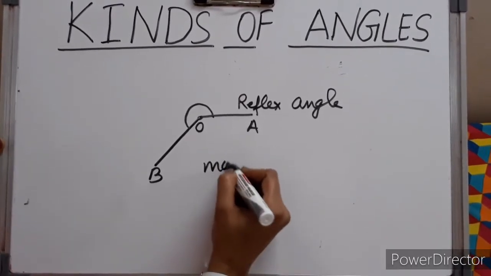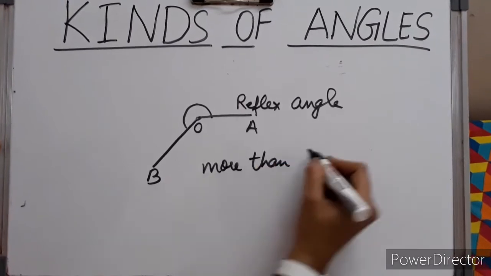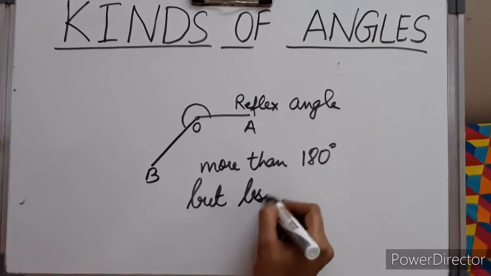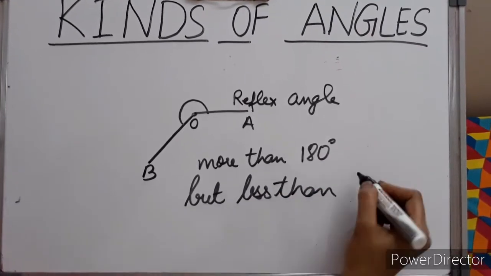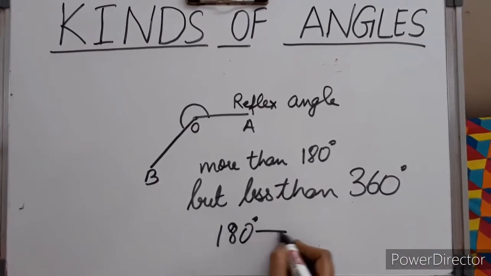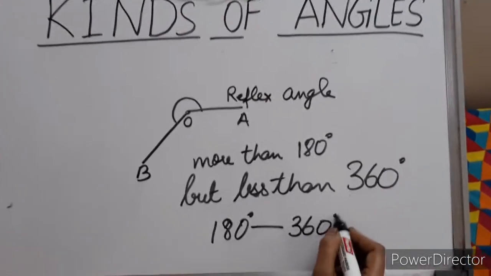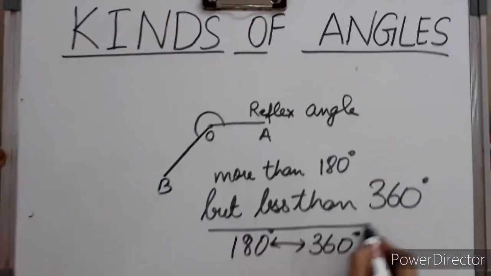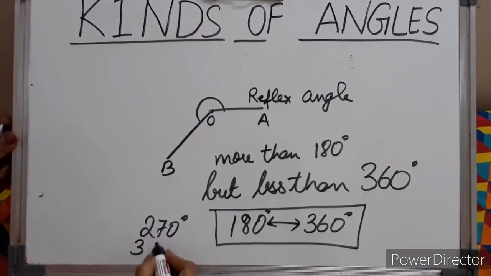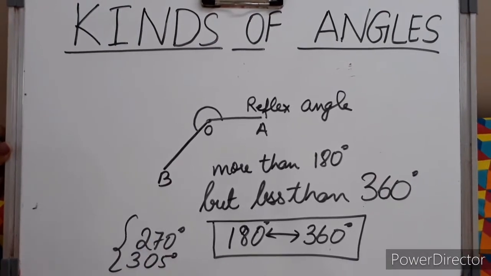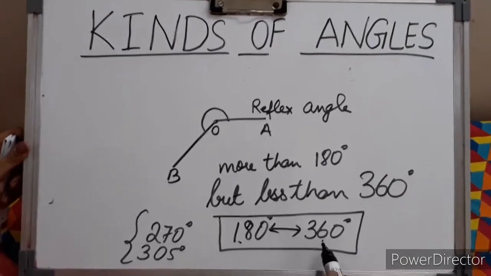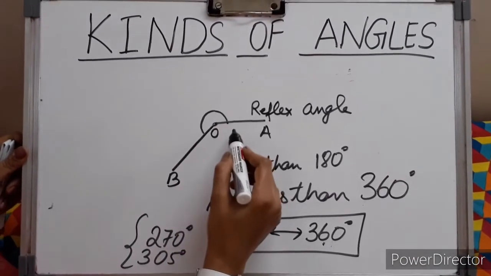Because it is more than 180 degree but less than 360 degree. That is, the slab of this is 180 to 360 degree. Okay, this is the slab of a reflex angle. Suppose 270 degree or 305 degree. All these are under the slab of 180 to 360 degree, that is more than 180 but less than 360 degree. So this is called a reflex angle.